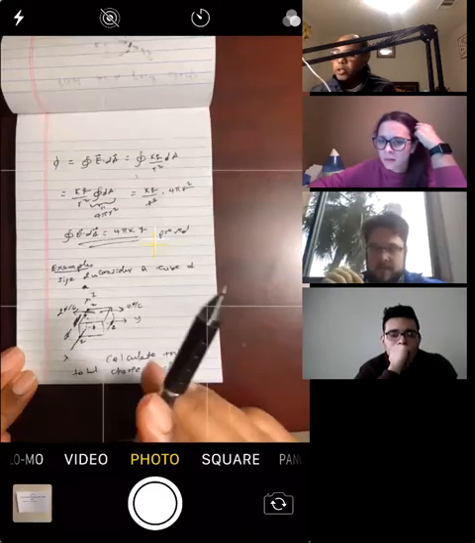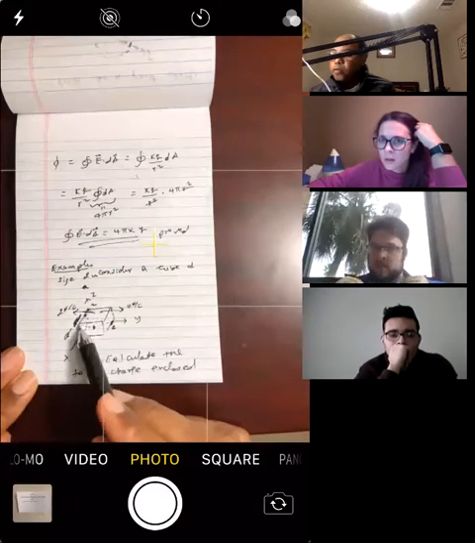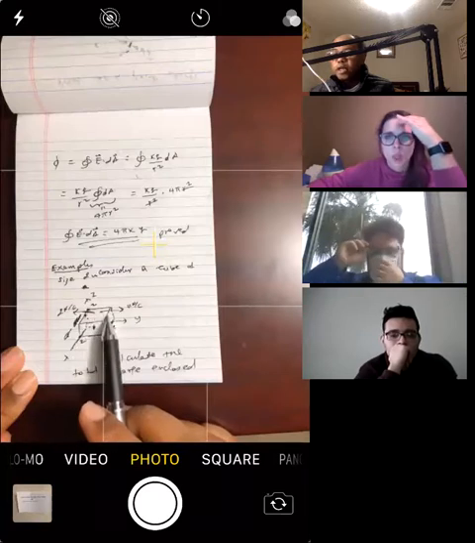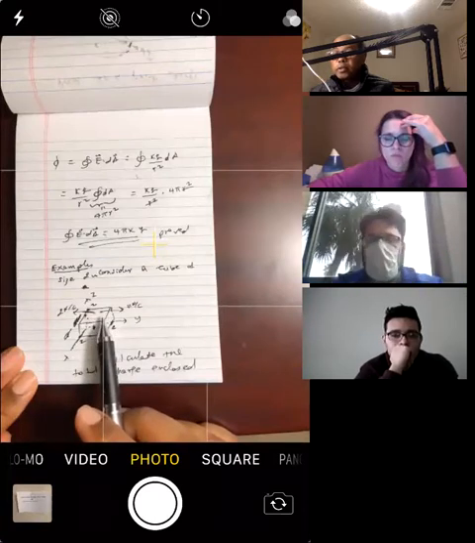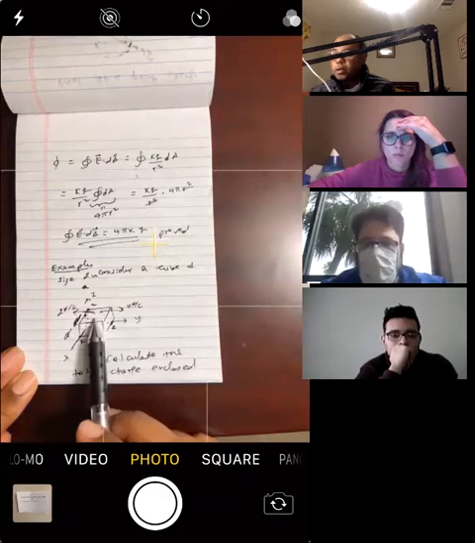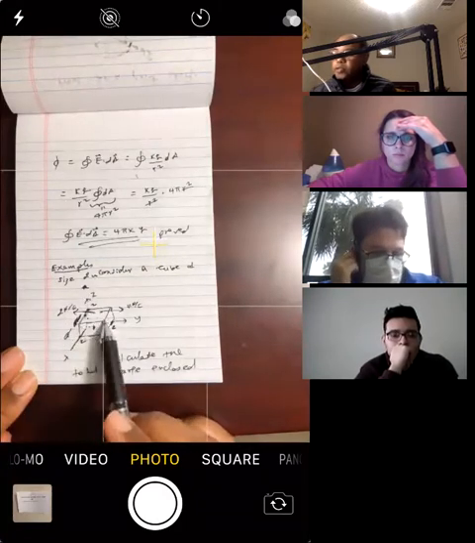It doesn't have a perpendicular component crossing it, so it's going to be 0. The area has a direction of K, but the field is J. If you take the dot product, you get 0. The flux over here is going to be 0.